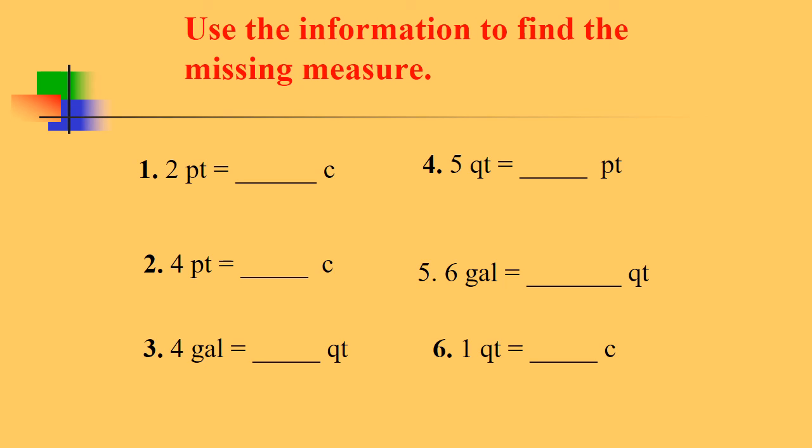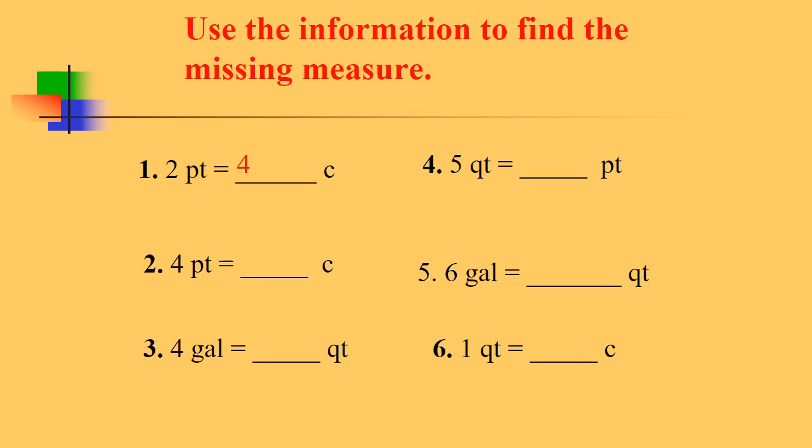Now let's try some. Okay, we have 2 pints equals a cup. So which is bigger, pints or cups? Pints is bigger, so we're going from larger to smaller. How many cups equal a pint? 2. So we will say 2 times 2 equals 4.